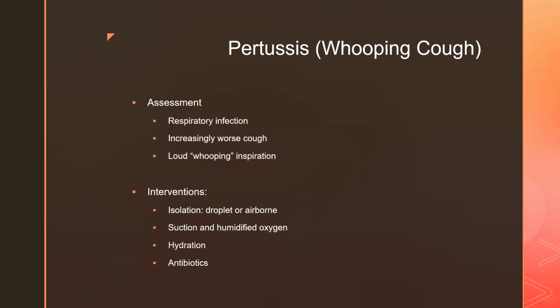And then the last thing we're going to talk about is our assessment findings. Pertussis really starts out like a regular respiratory infection: cough, cold, congestion, etc. And increasingly, we find that the cough just gets worse and worse. It is caused by a bacteria, so of course, if we don't treat that bacteria, it just continues to get worse.